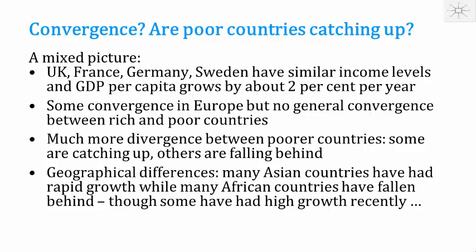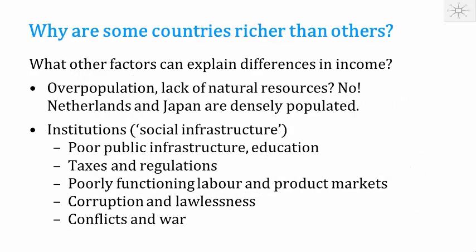So there are big differences between countries, and you could ask, where do those differences come from? The popular argument in the public debate is, well, it's overpopulation, it's lack of natural resources that explains why countries are poor.